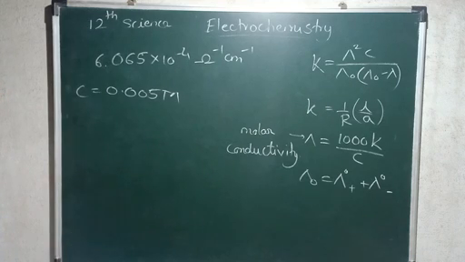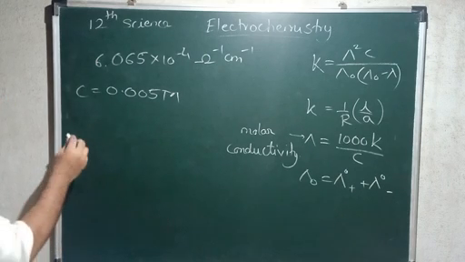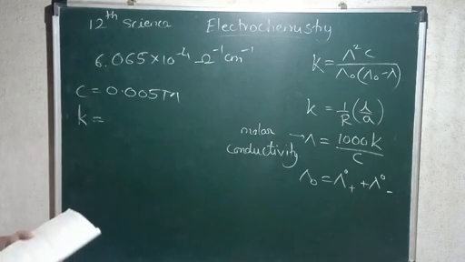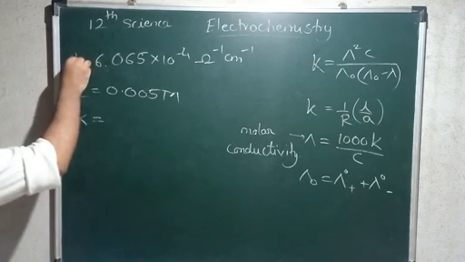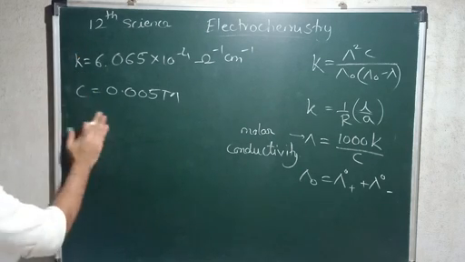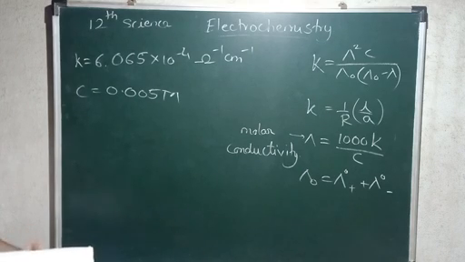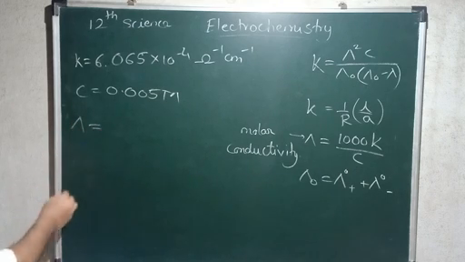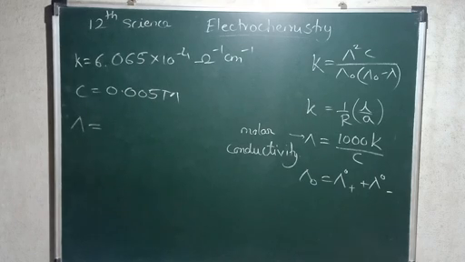Next, conductivity is given, that is small k is 6.065 into 10 raised to minus 4 per ohm per centimeter. Concentration is given, K is given. We need to find the molar conductivity. Now just substitute the values, and on substitution we will get the final answer.